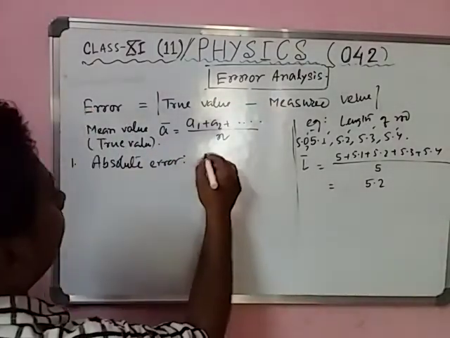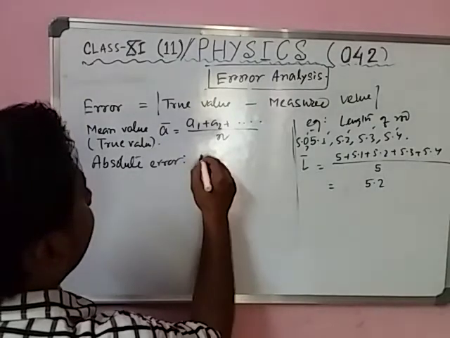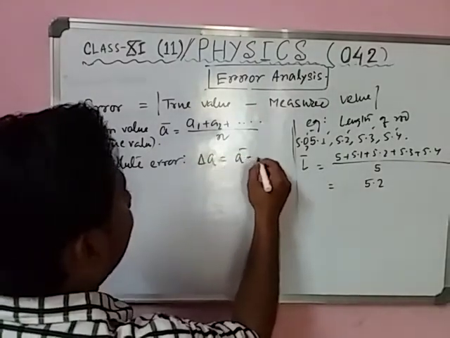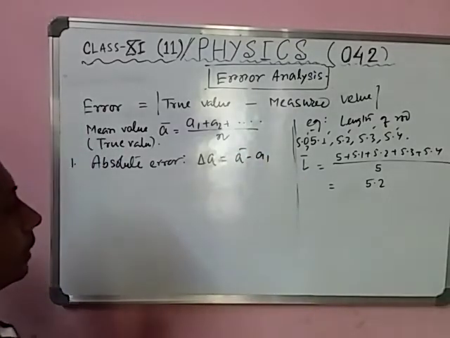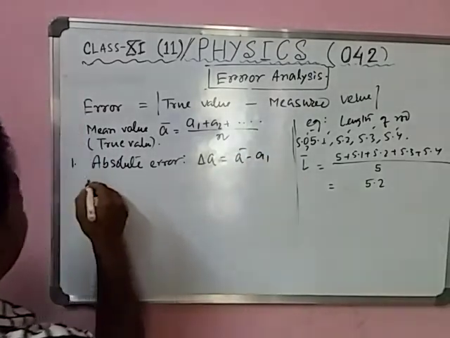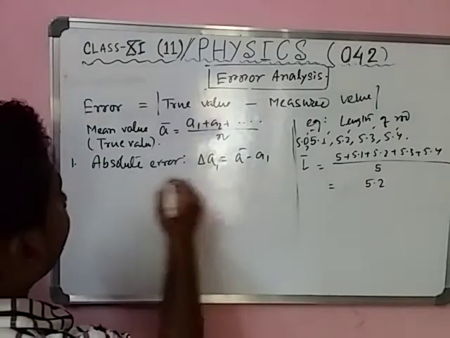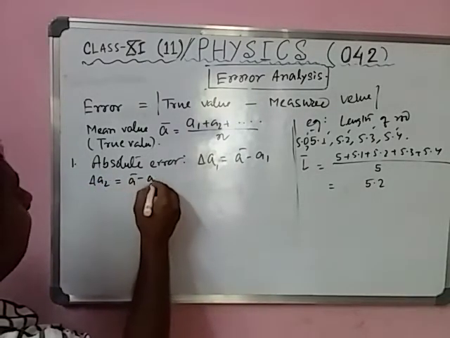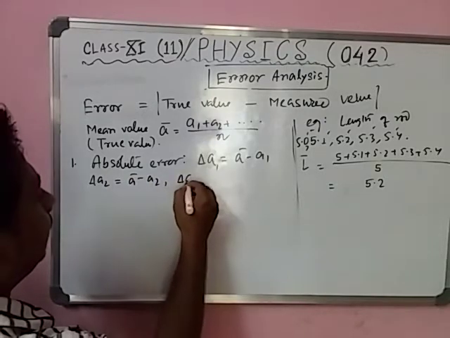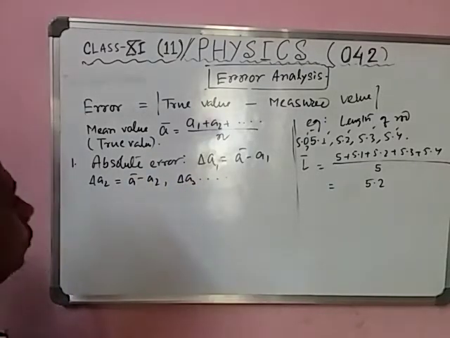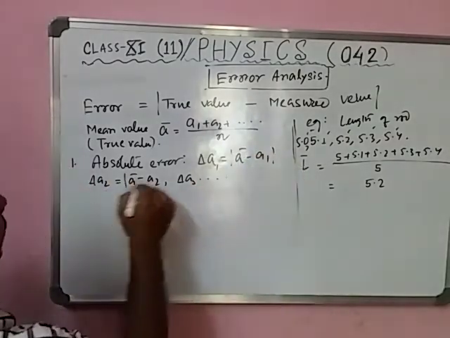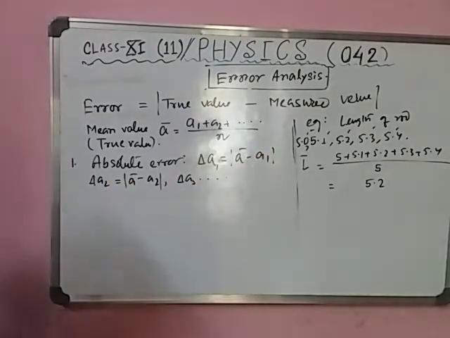So we can write absolute error delta A is equal to A bar minus A1. Similarly we can write delta A2 is equal to A bar minus A2 for the second observation, delta A3, and so on. So these are called the absolute errors. You can use the mod sign in this case.